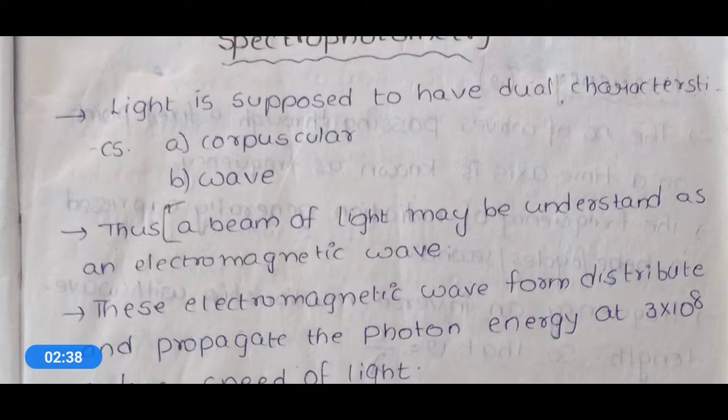A beam of light can be understood as an electromagnetic wave. As light travels in the form of waves, and due to scattering, light is split into different beams, each beam of light can be taken as an electromagnetic wave.